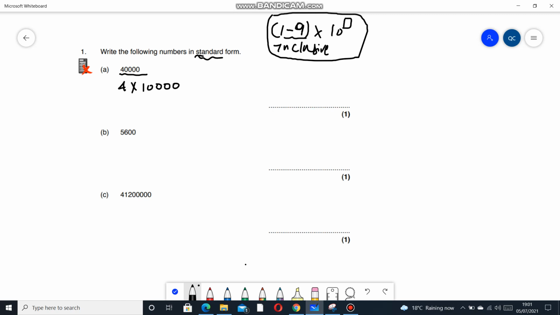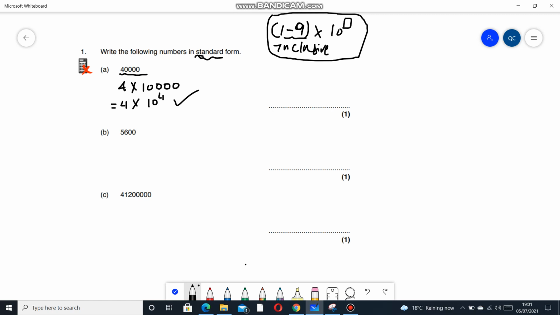And you would agree that I can further write 10,000 as 10 to the power 4. Does that fulfill this condition? Yes, because the number 4 is between 1 and 9, 1 and 9 being inclusive, then times 10 to the power of any number. So yes, that's perfect. Give yourself a tick.